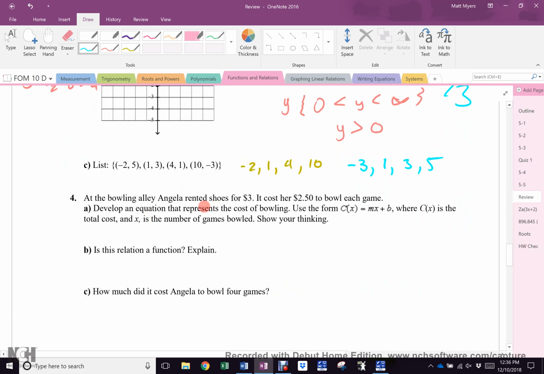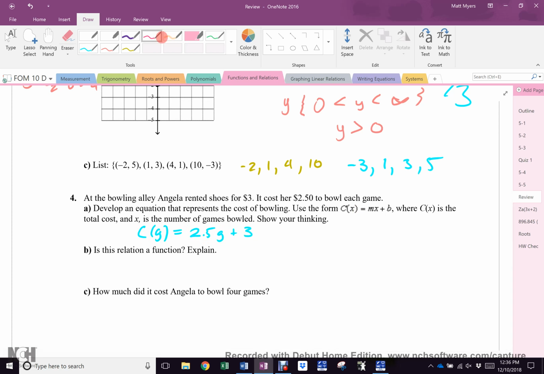At the bowling alley, Angela rents some shoes, costs $2.50 to bowl a game. You make an equation. There's lots of ways you can write it. I'm going to write the answer, then you could ask me how I came up with it if you need to. Cost as a function of g, I use g for games bowled, equals 2.5g plus 3.